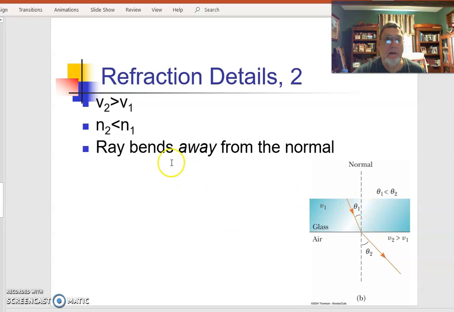And again, if you go from slow to fast, so that this one is actually faster than your refracted ray, the angle theta 2, again measured relative to the normal to make it easier to talk about curved surfaces, you're going to be bent away from the normal.